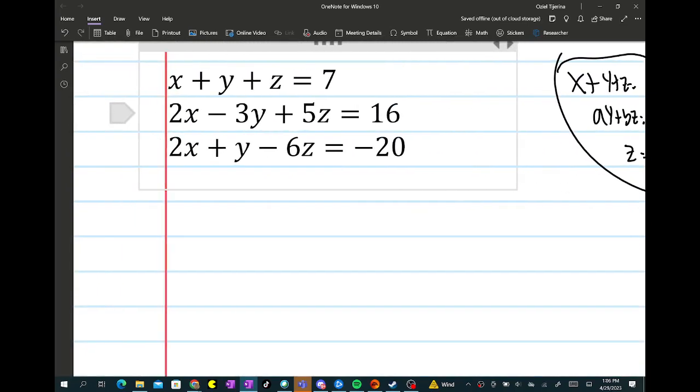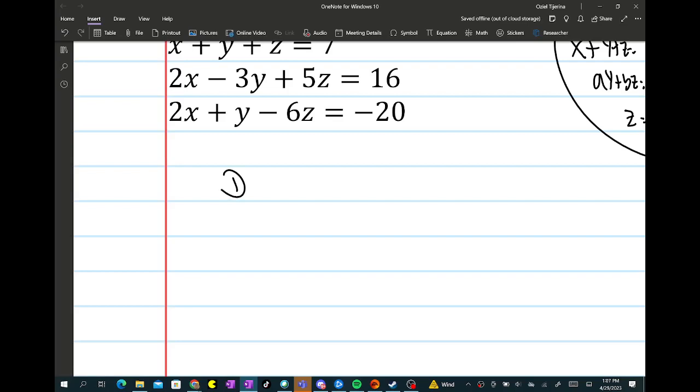Obviously, the two more convenient equations that I can eliminate right off the bat are these two. The idea is that you want to eliminate your x variable first.